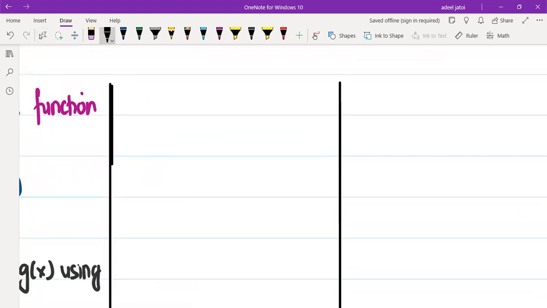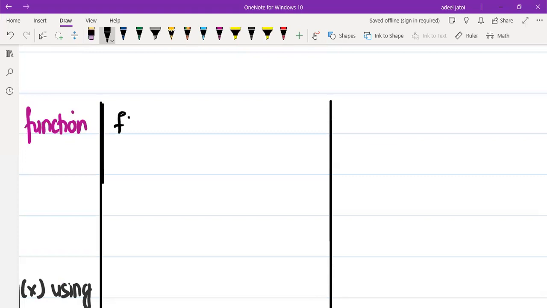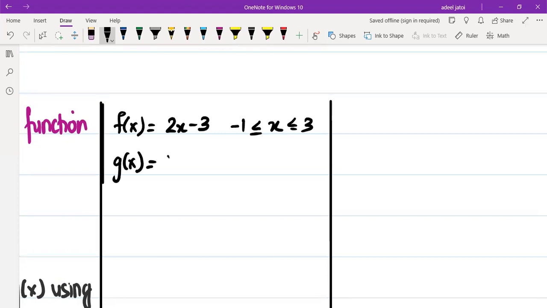Let's say that my f(x) is 2x minus 3 and the domain of f(x) is minus 1 less than or equal to x less than or equal to 3, and g(x) is 5 minus 2x. So the domain of g(x) is minus 3 less than or equal to x less than or equal to 5.